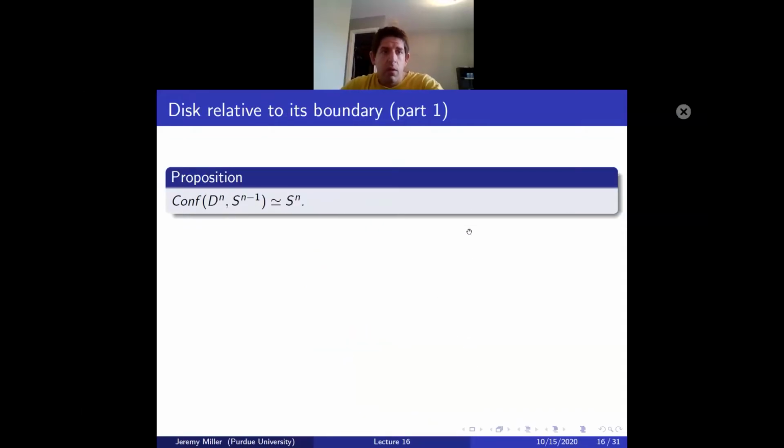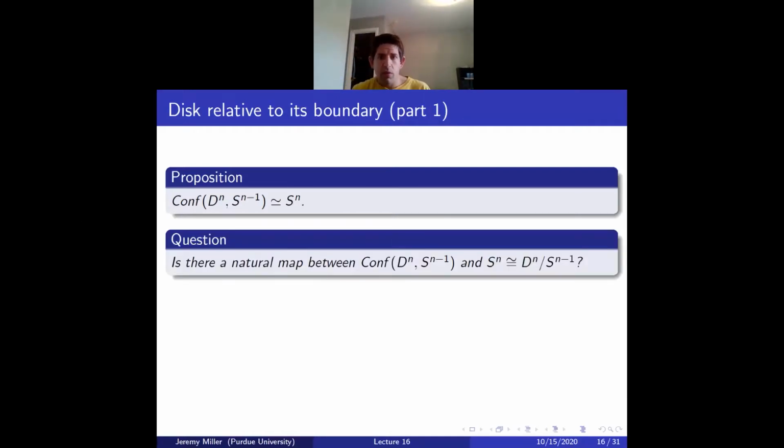Okay. So the first proposition is that if you look at the relative configuration space of points in a disk, rel sphere, it's going to be homotopy equivalent to S^n. This S^n will be easier to think of as disk mod sphere.